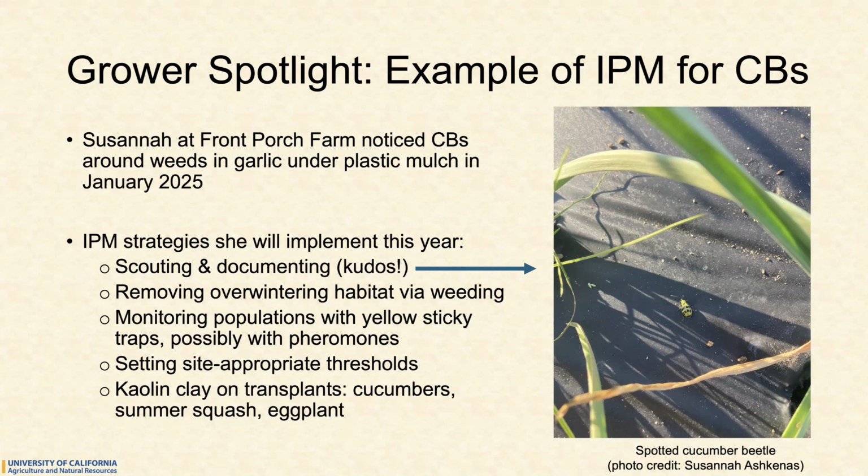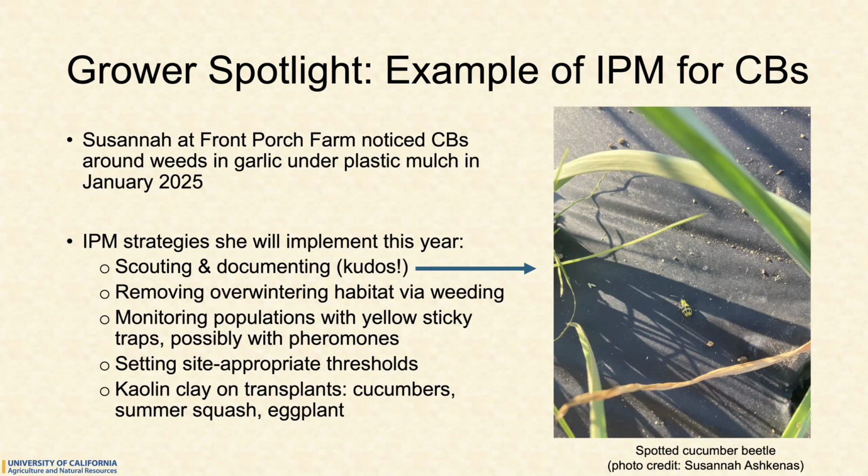So I talked with her a lot about this, and IPM strategies that she's planning on implementing this year include, of course, scouting and documenting. So she's already doing that, so kudos for that. Removing that overwintering habitat through weeding and other methods around the farm. Monitoring populations with yellow sticky traps, possibly with pheromones. I think she's going to experiment with that and maybe compare.